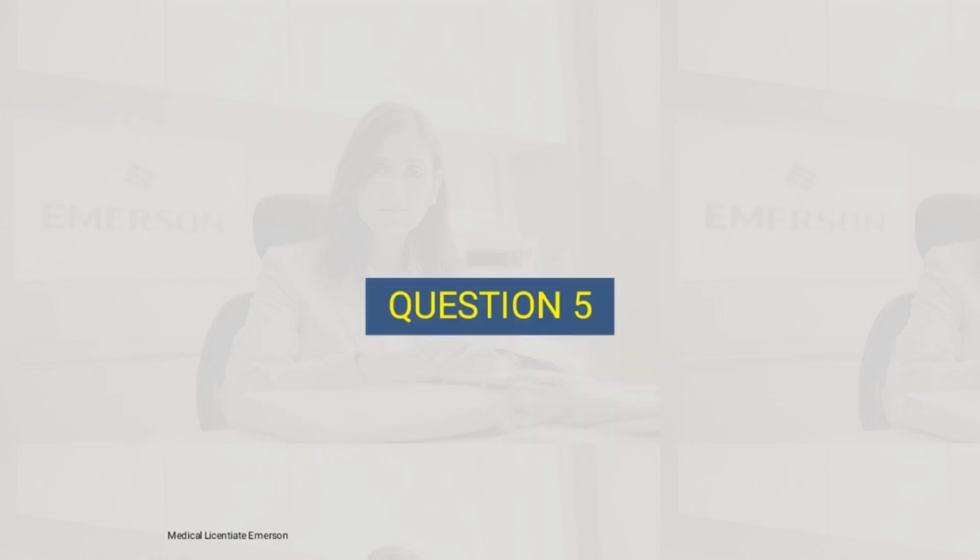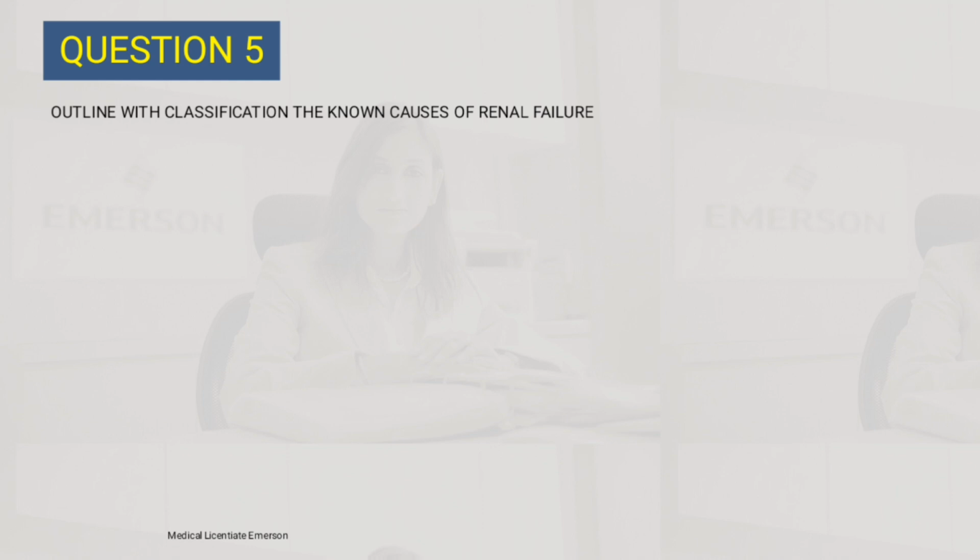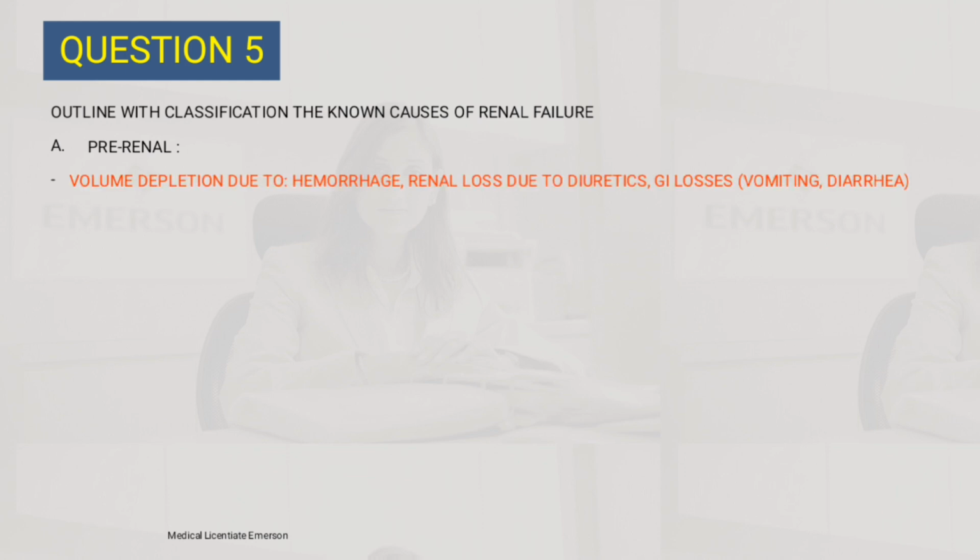Then for question 5, saying outline with classification the known causes of renal failure. So we have prerenal causes such as volume depletion due to hemorrhage, renal losses due to diuretics, GI losses such as vomiting and diarrhea.